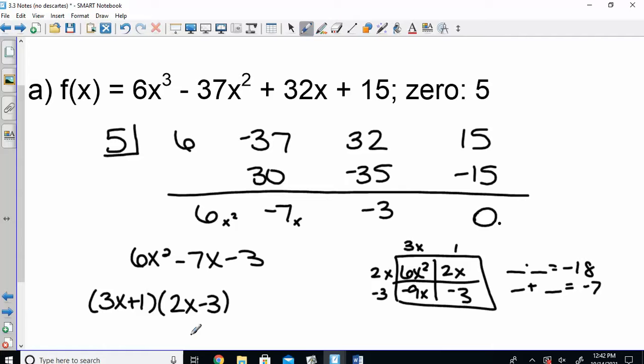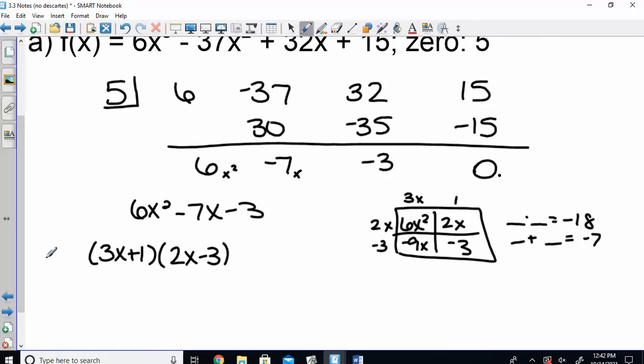However, if I just FOIL those parentheses, I am not going to get my original one. What else do I need? That would give me the zeros, but not the factors. Kind of a hint, this was originally x cubed, so we should have 3 parentheses in our final factored form. This is 2 of them.